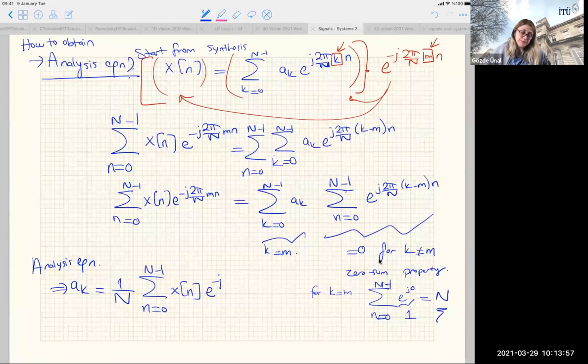Exactly like what we did in the continuous time Fourier series case.